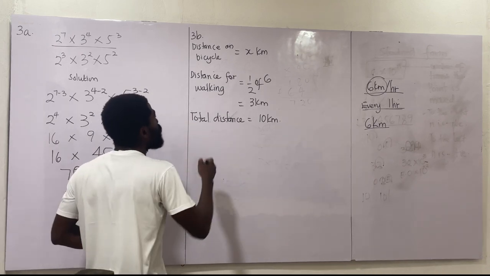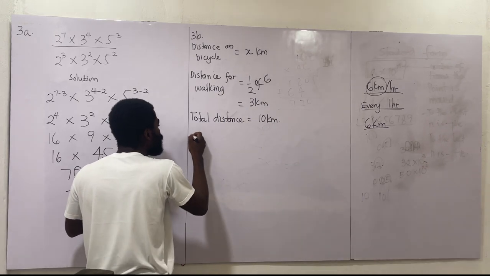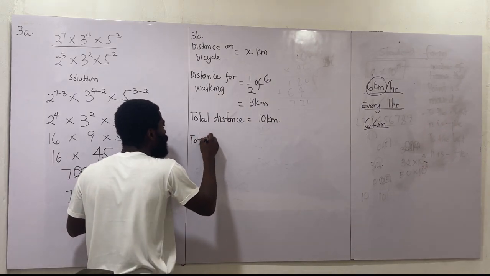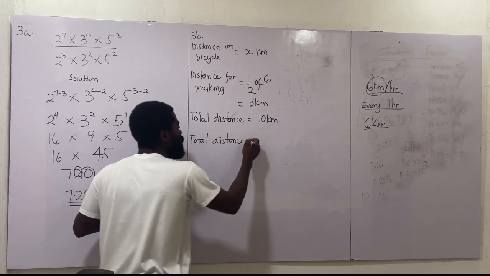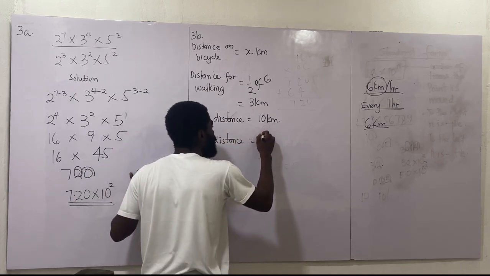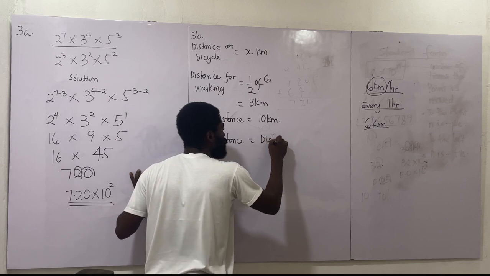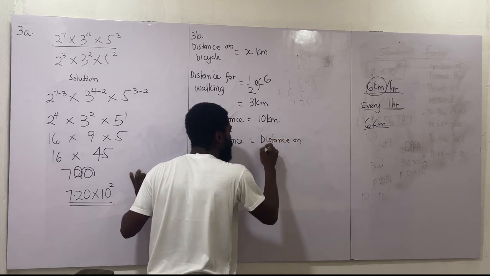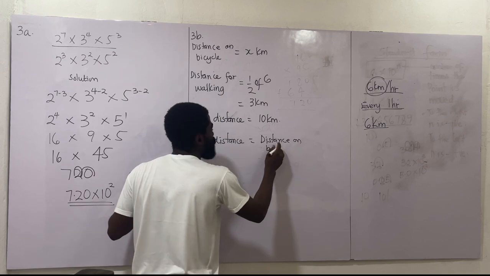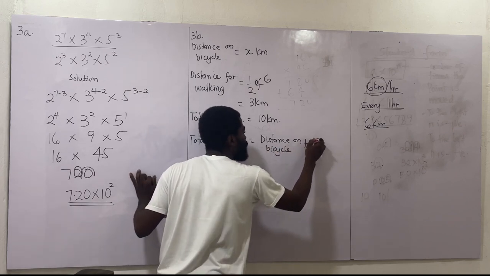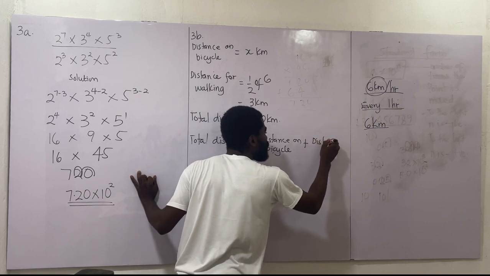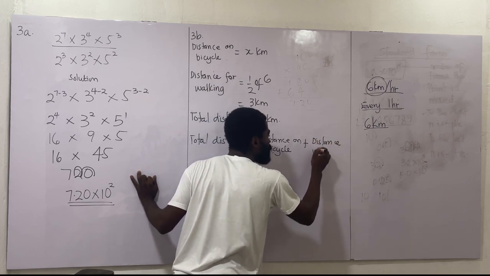So let's go. Now I want to find a distance, but we know that the total distance traveled equals the distance on the bicycle plus the distance walked.